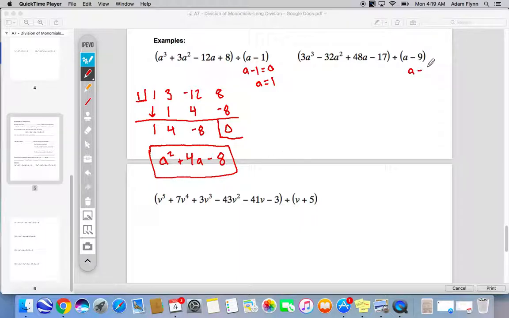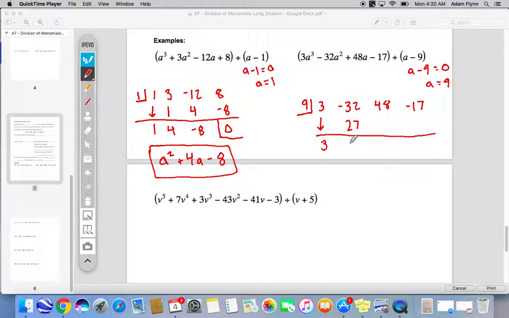So a minus 9 equals 0. So a equals 9. So I'll put 9 in my box. Now my coefficients are 3, negative 32, 48, and negative 17. So I'll drop the 3. 9 times 3 is 27.